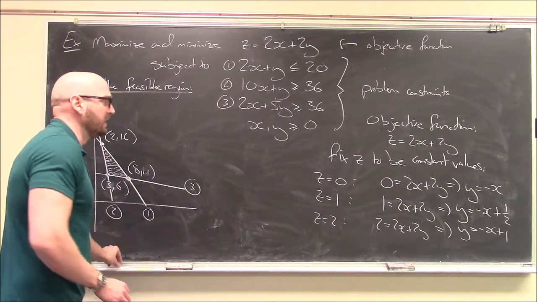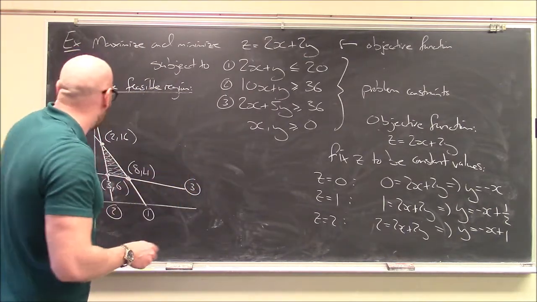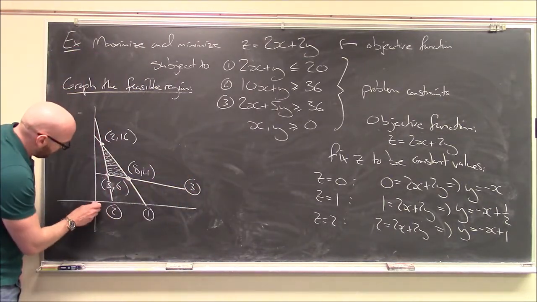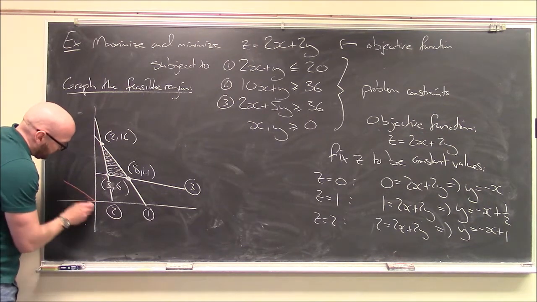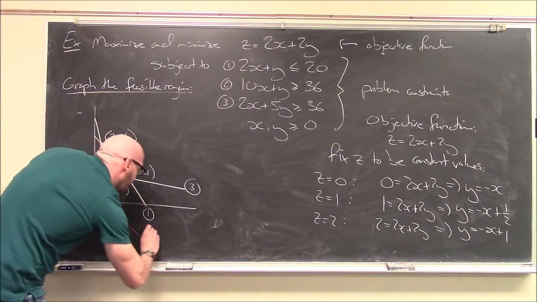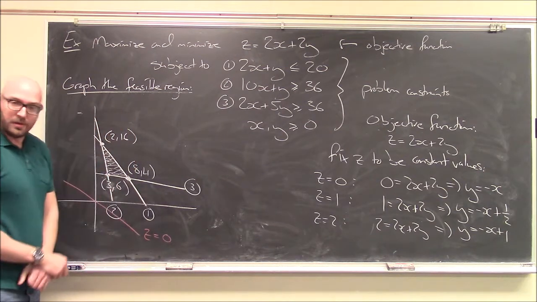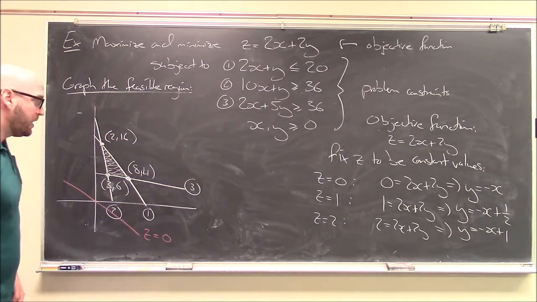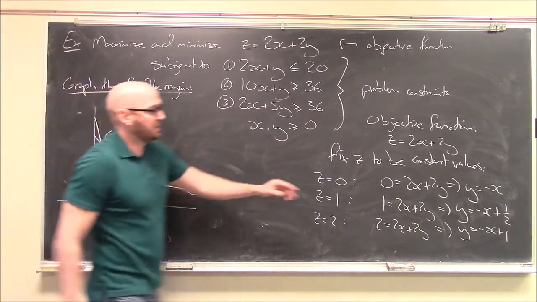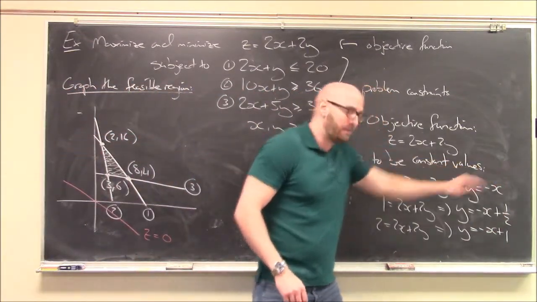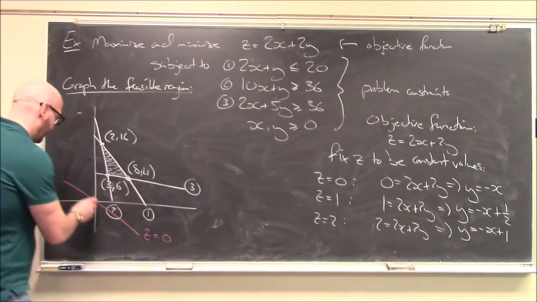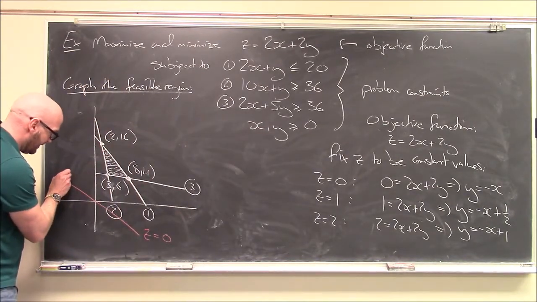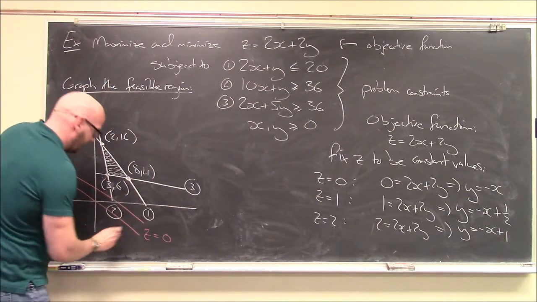So if I graph these things, y equals minus x, what is that? Y equals minus x is just this line. That's if z equals 0. Y equals minus x plus 1/2, so when z is 1, well that's just this line, but shifted vertically up half a unit. Right? So take this same line, parallel to it, shift it up half a unit.